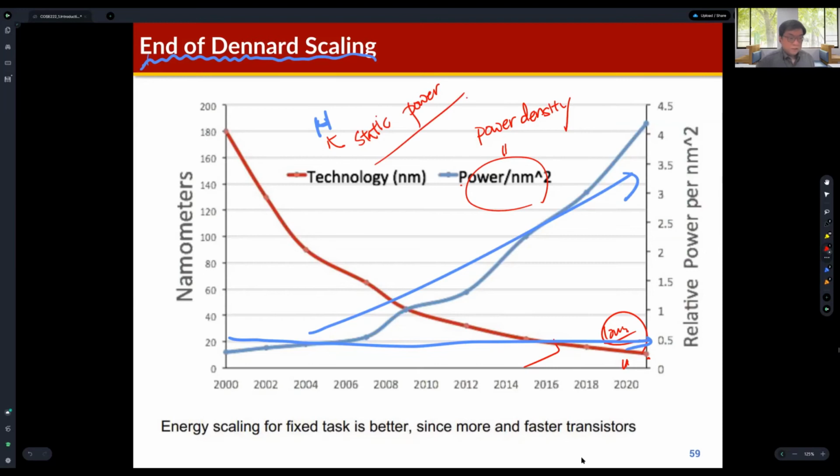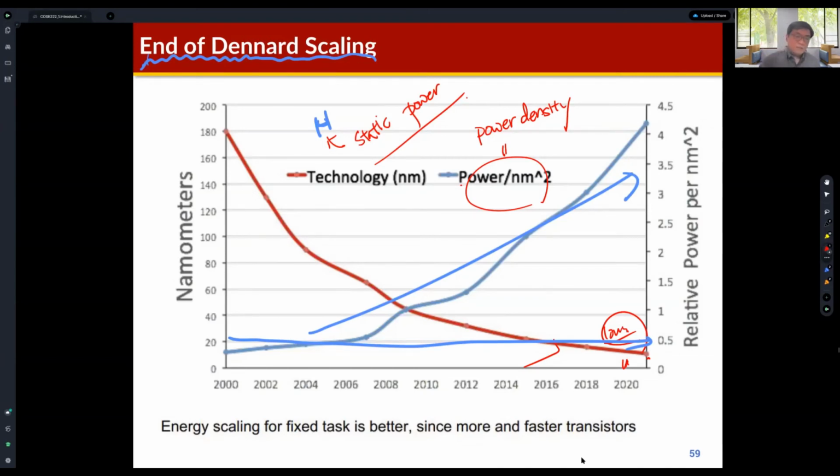Even though a CPU is not working, the application is not running on this CPU, power is consumed if the CPU is turned on. So what's the problem?